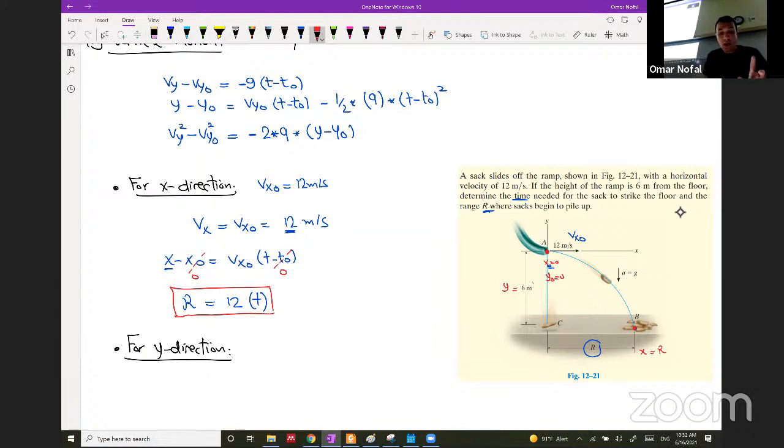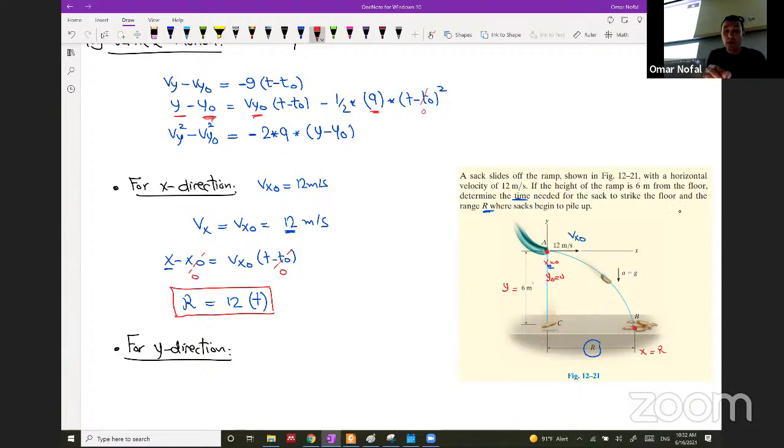So we know Y and Y node, and we know g. All the chips start with a V node in the X direction; there weren't any components in the Y direction, so Vy node is equal to 0. Knowing Y and Y node, and g 9.81, and that t node is equal to 0, you can solve for T.